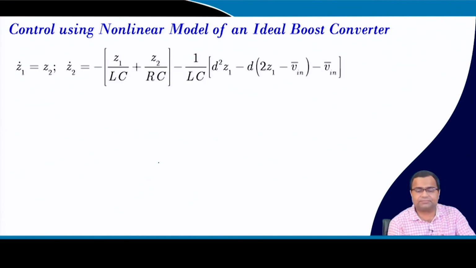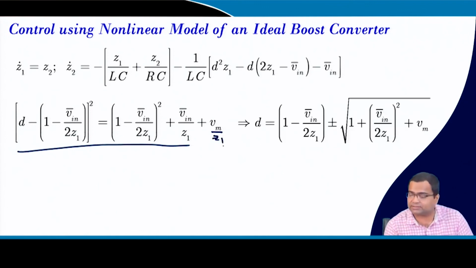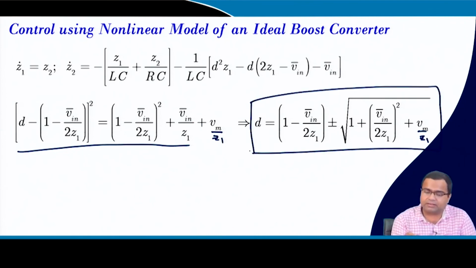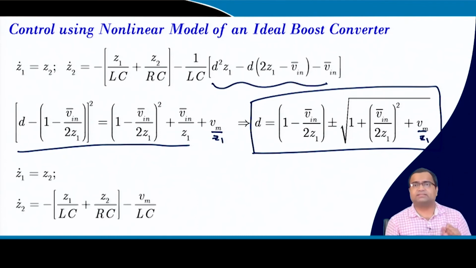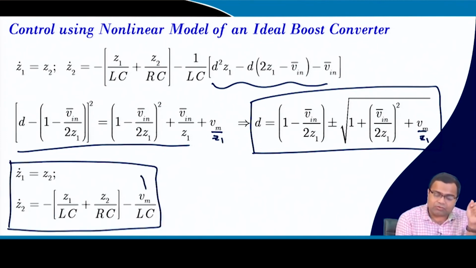Then this function that we have to replace equals Z1, so this should be Z1. That means if we replace the duty ratio in this way, then my whole term here will look like this Vm. So now it is linear, there is no nonlinearity.